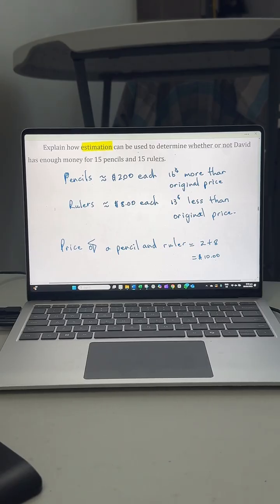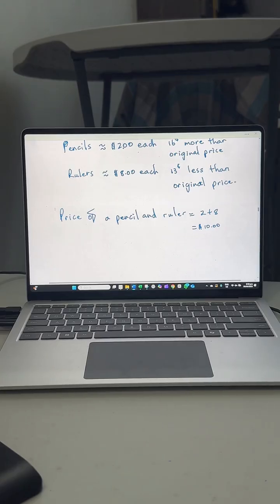So watch it here, guys. It's going to be 10 multiplied by 15, because remember, that's the price of a pencil and ruler together, right? 10 multiplied by 15 is the same 150 they're talking about above there. So the total cost would be 10 multiplied by 15, which would be $150.